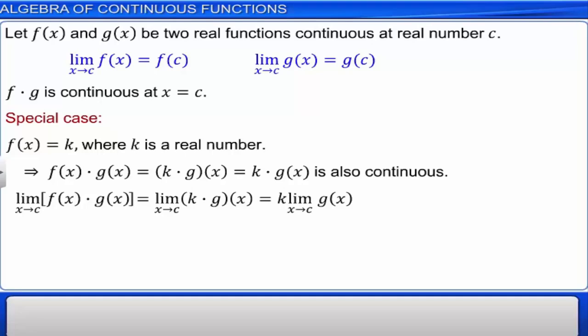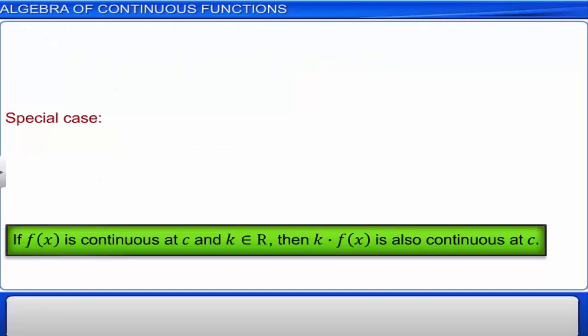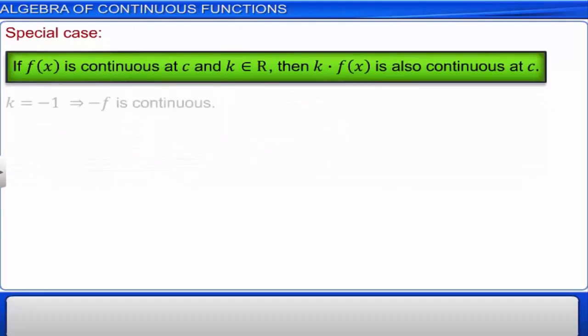The product of a real valued constant and a continuous function at some real number is also continuous. If k is equal to -1, then -f is also continuous. This implies that the negative of any continuous function is also continuous.